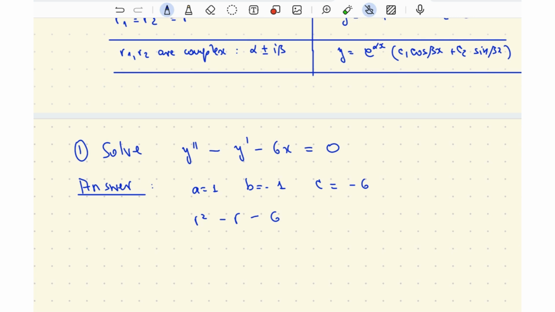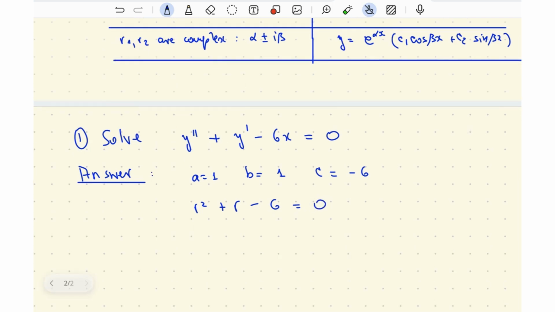equals 0, and you can easily see that this is the same as (r minus 3)(r plus 2) equals 0. So r1 equals 3, r2 equals minus 2.